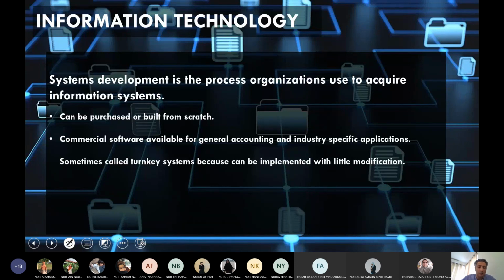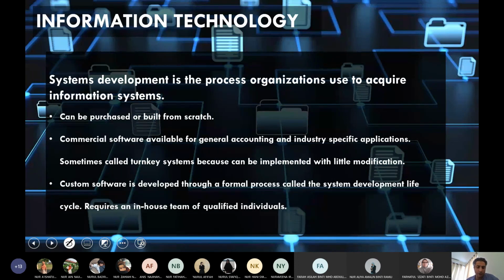Sometimes they call it a turnkey system because it can be implemented with little modification. So we can customize the system from the accounting software vendors to fit. For small and medium companies, they should go for commercial software without any modification, because any modification or customizing request will cost money.